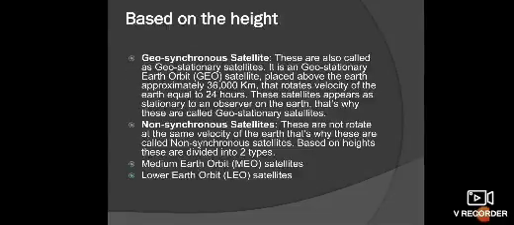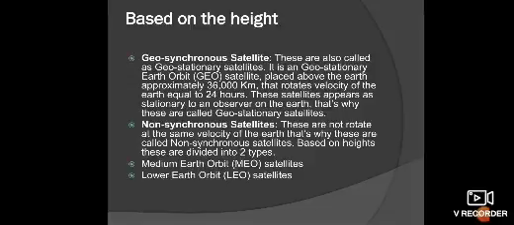Based on the height, satellites are classified into geosynchronous satellites and non-synchronous satellites. Geosynchronous satellites are also called geostationary satellites. Why? Because a geostationary earth orbit satellite is placed approximately 36,000 kilometers above the earth, and it rotates with the velocity of the earth, equal to 24 hours.